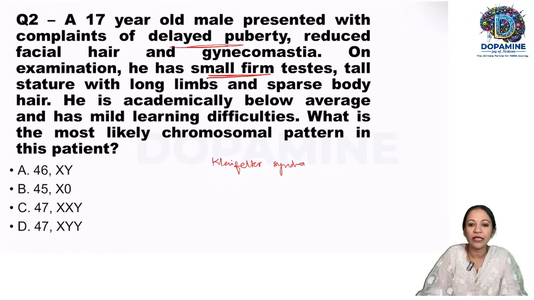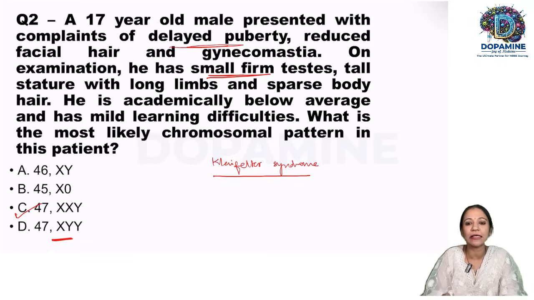So what is the chromosomal pattern for this Klinefelter syndrome? It is 47XXY. Okay, so for Klinefelter syndrome, you need to have 2 copies of X chromosome, 1 or more copies of Y chromosome. See, that's why we don't choose this option D. We choose option C. It is 47XXY, which is the classic Klinefelter syndrome.